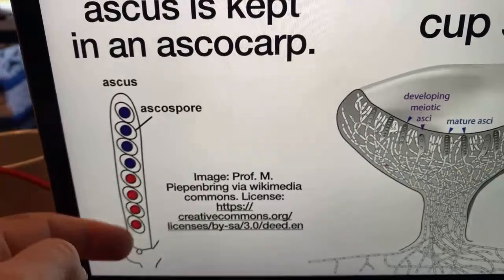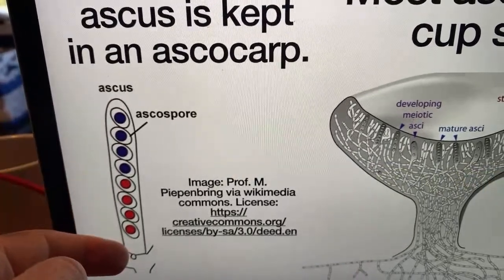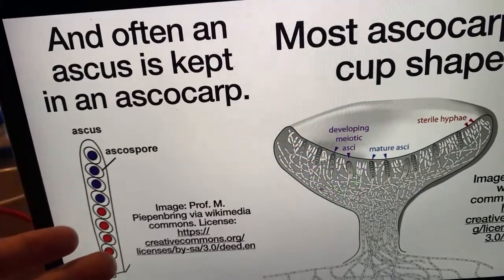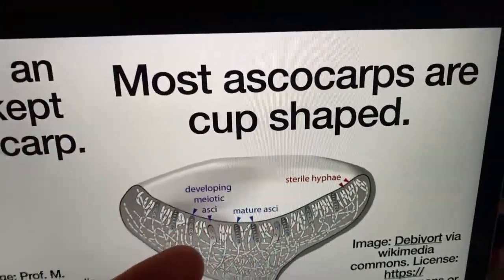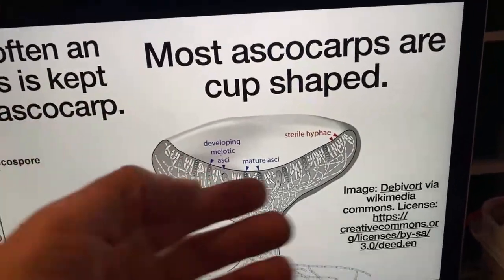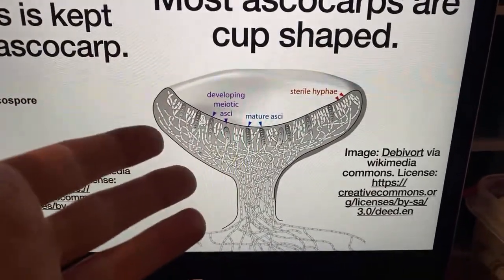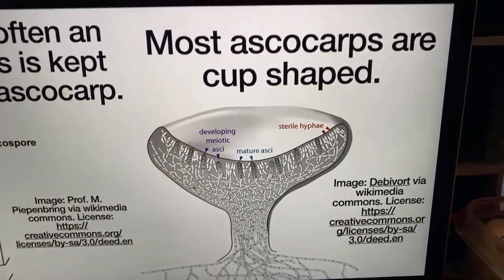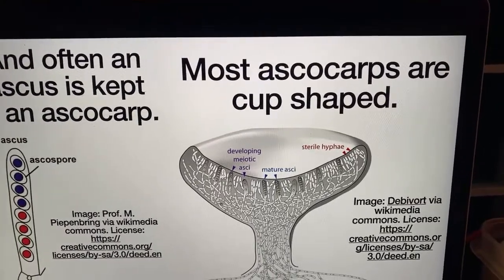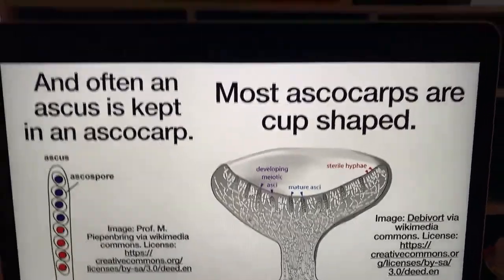It's got these 8 little spores in it, the ascospores. And those asci, lots of ascuses, get sort of woven together with some hyphae, which we've talked about before, and quite often they end up forming this cup-like shaped thing. And that is an ascocarp. Is that all right? It's a lot of biology in that.